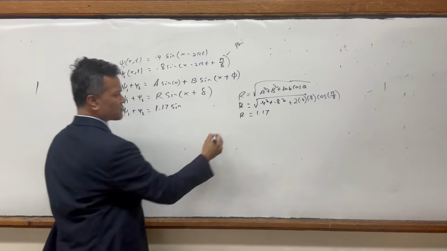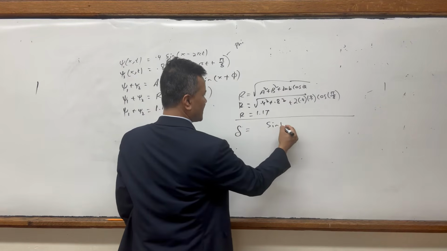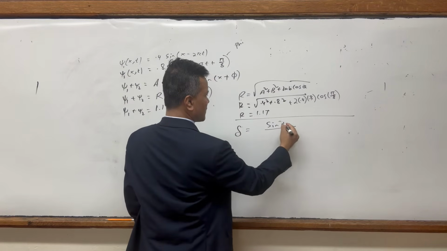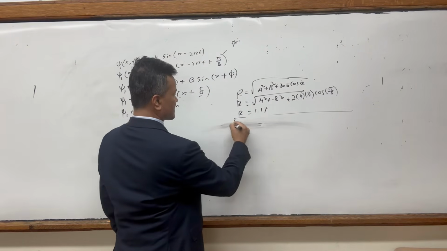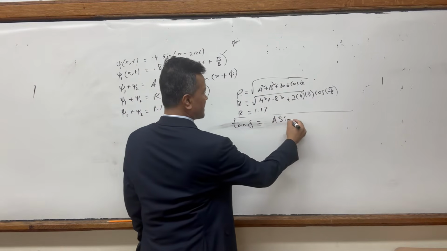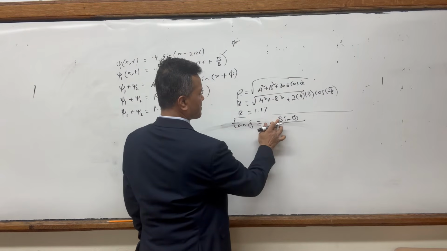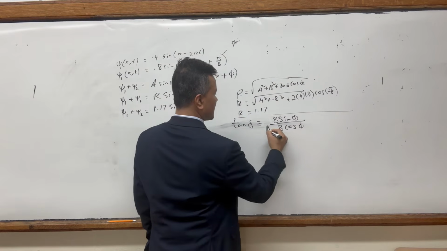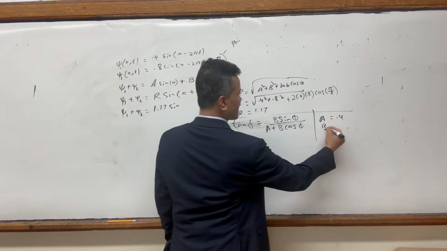So what is delta? Tangent delta is B sine phi over A plus B cosine phi. So what is our A? A is 0.4. What is our B? B is 0.8.